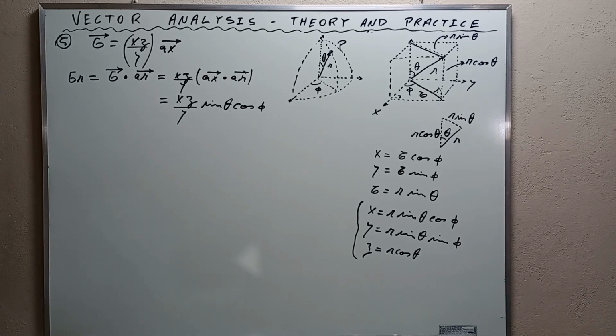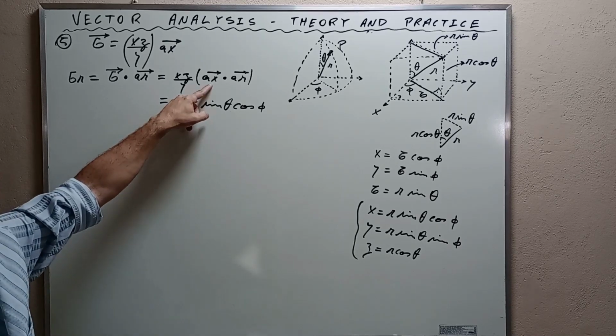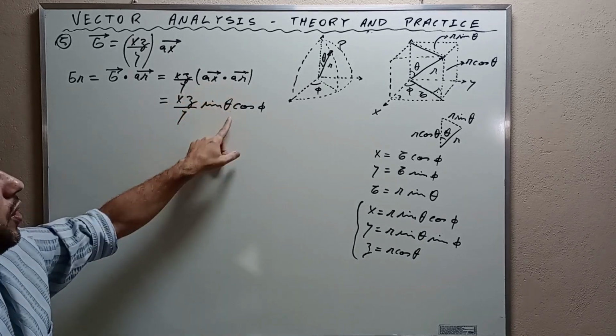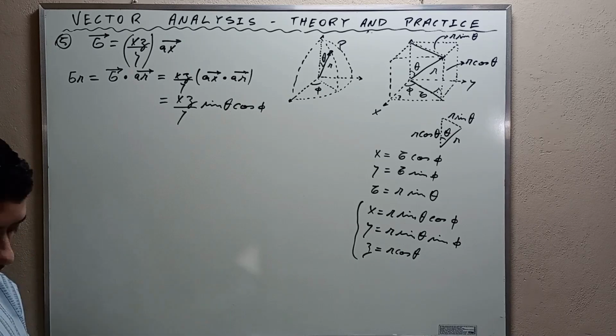I'm not going to have time here to demonstrate the dot product of Cartesian coordinates with spherical coordinates. If you use a table, you're going to see that ax dot ar produces this, okay?